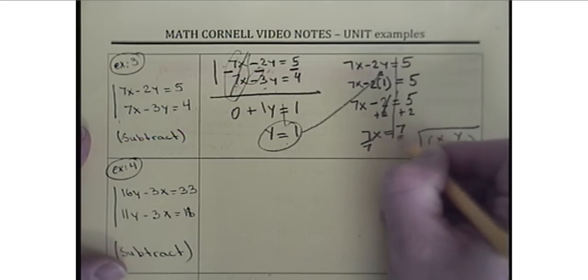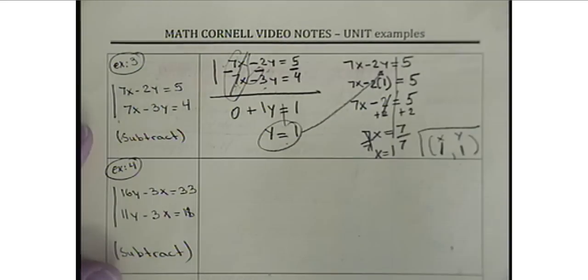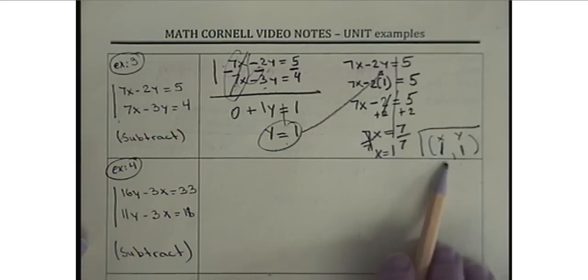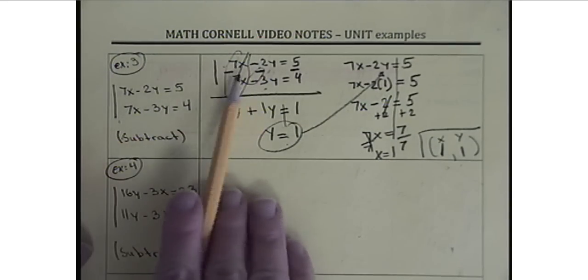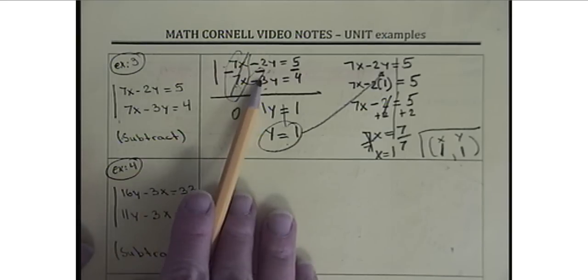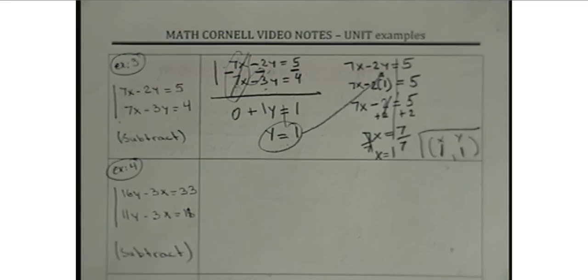Divide by 7, so x is also 1. X is 1, y is 1. The solution represents that if we substitute x and y with 1 in both equations, they both will be true statements. If we have a true statement, the left side of the equation is equal to the right side, that is what we're looking for. And remember, when we have a system, both equations must be true statements. Otherwise, the solution would not work.